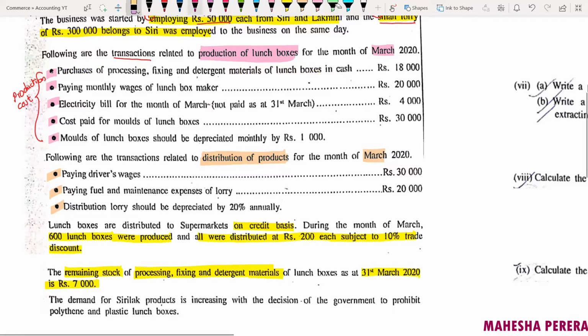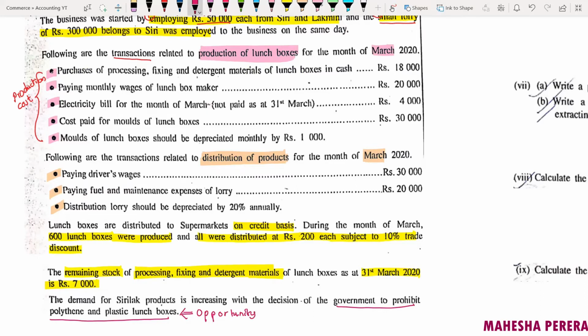The demand for Cyrillac products is increasing with the decision of government to prohibit polythene and plastic lunch boxes. Now, if you remember, one of the questions asked to write an example for opportunity. So this is our opportunity, right?